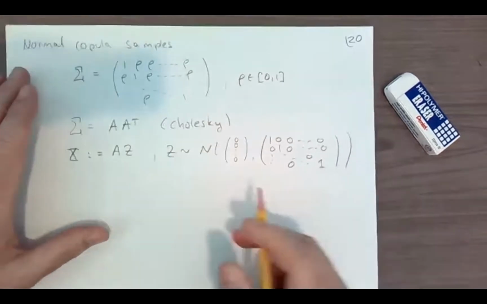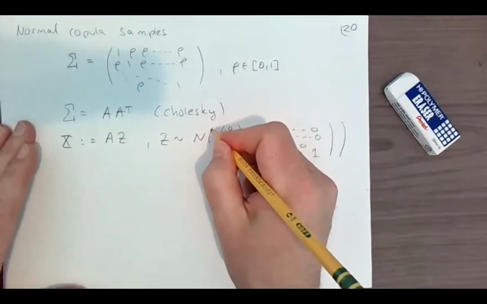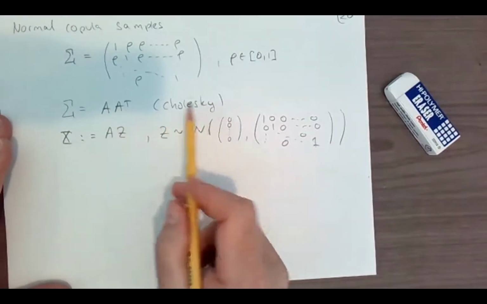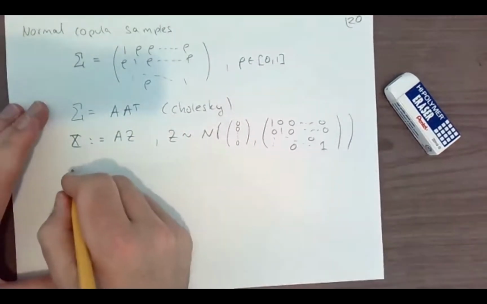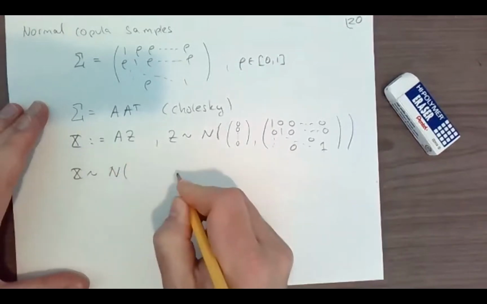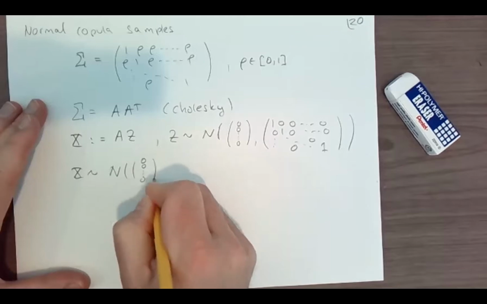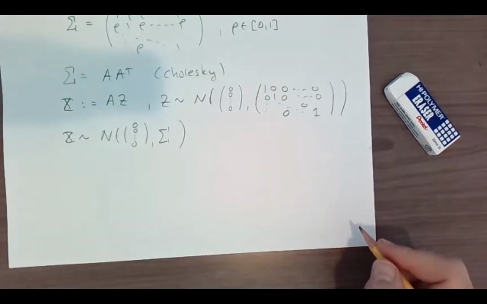So Z is standard normal with independent coordinates. You get the matrix A by factoring out in Cholesky, and then you take A times C, and you get X. Sorry, X is going to be normal with mean 0 and the variance covariance matrix sigma.